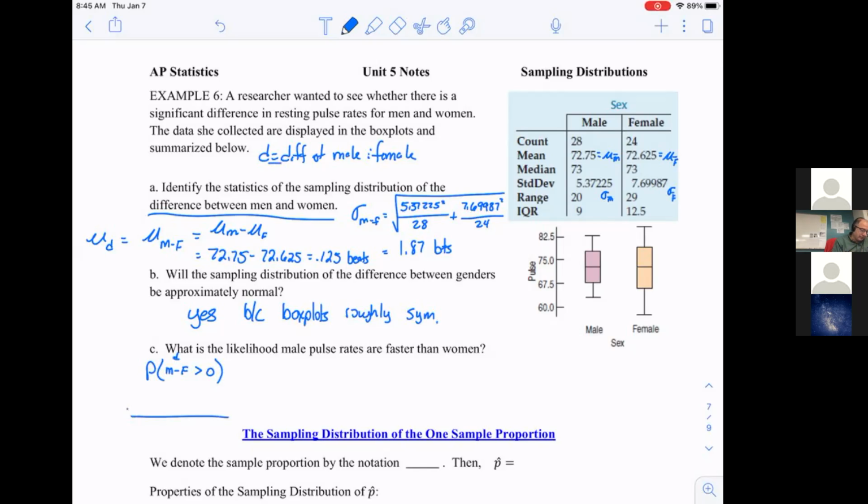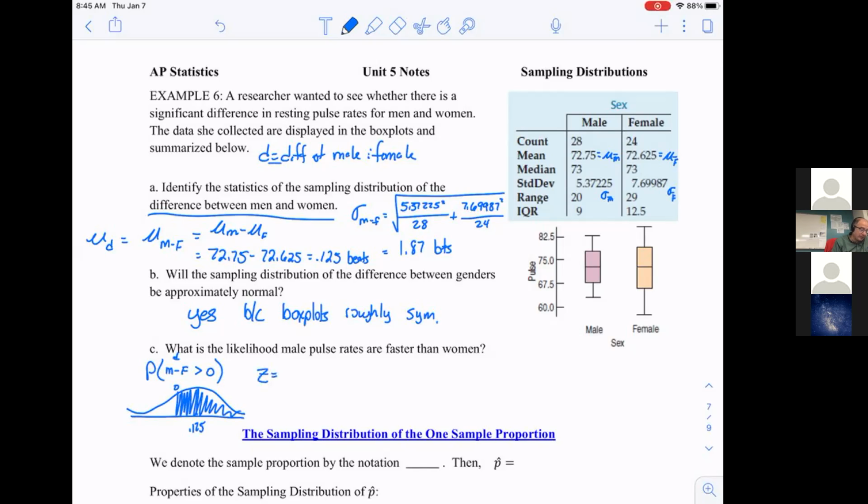From part A, we found that we would expect a 0.125 difference between the two. We want to know whether there is a difference, so greater than 0. There's probably a high probability of that happening, so we'll see how high that is.